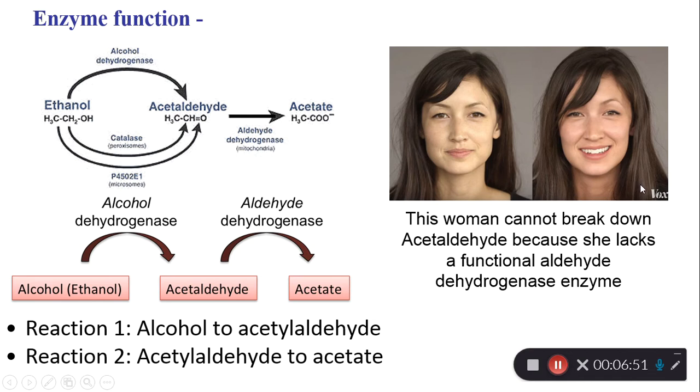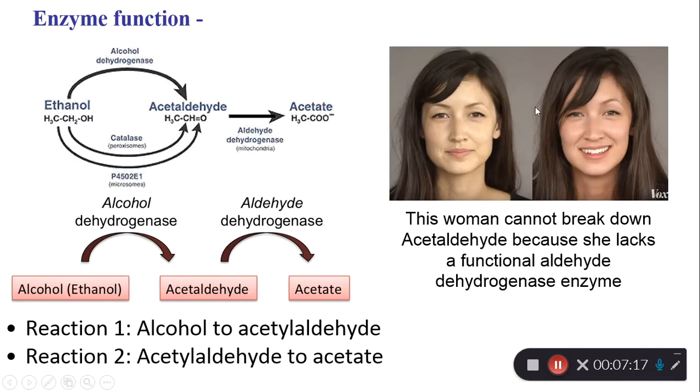So if we look at this woman here who does not create functional copies of aldehyde dehydrogenase because her alleles are dysfunctional, she, before consuming alcohol, has no flush reaction, and after consuming alcohol has this sort of red complexion. And that is because our bodies treat acetaldehyde as a toxin. Our bodies cannot deal with a buildup of acetaldehyde in our systems.